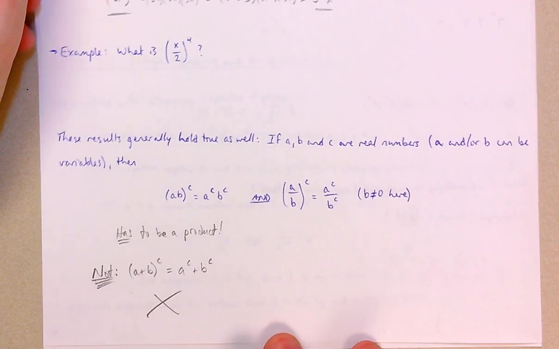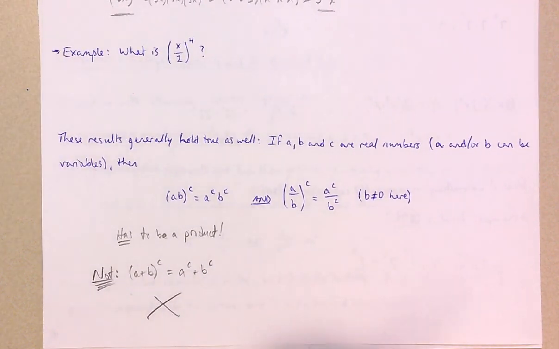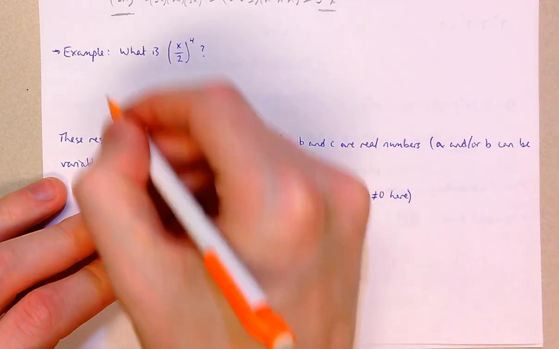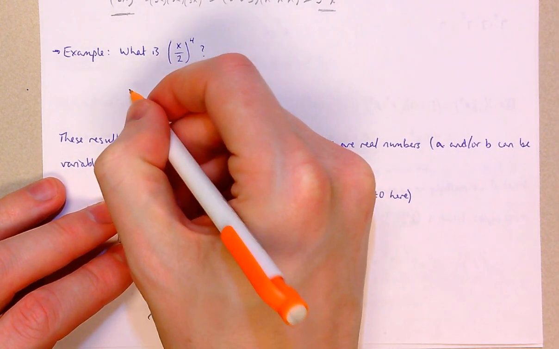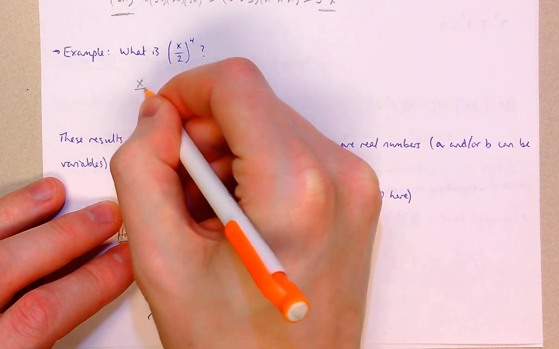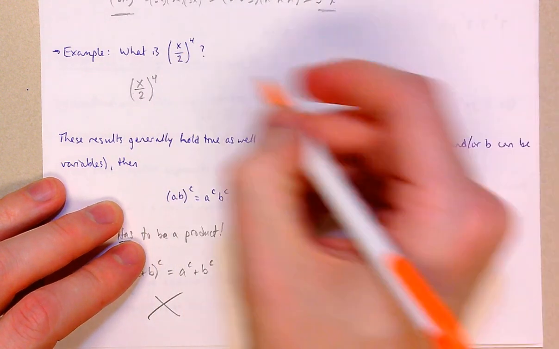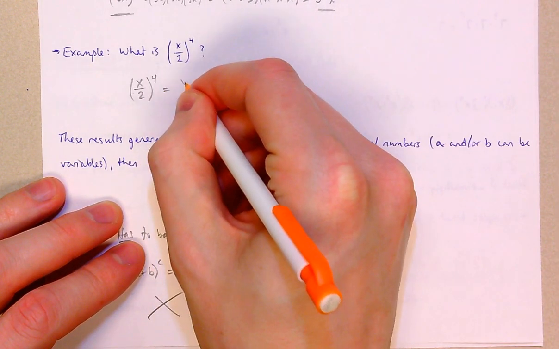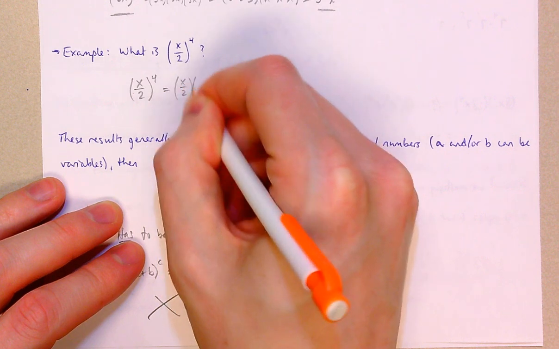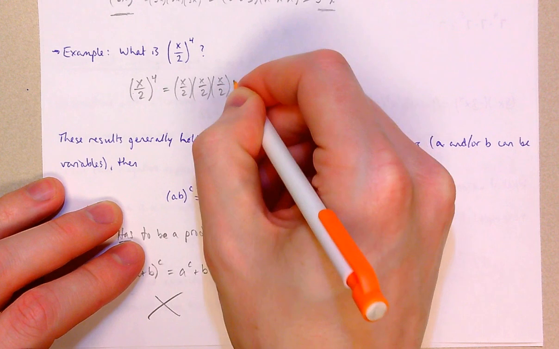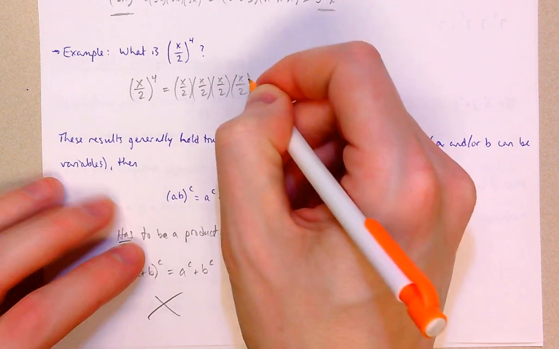Okay, what if we have a quotient? Say, what is x over 2, that whole thing raised to the fourth power? Well, again, let's just use the definition of an exponential expression. x over 2, that whole thing raised to the fourth power, is the same thing as x over 2 times x over 2 times x over 2 times x over 2.